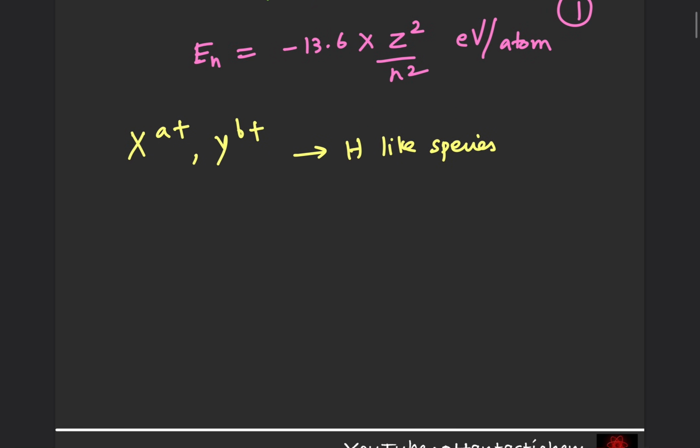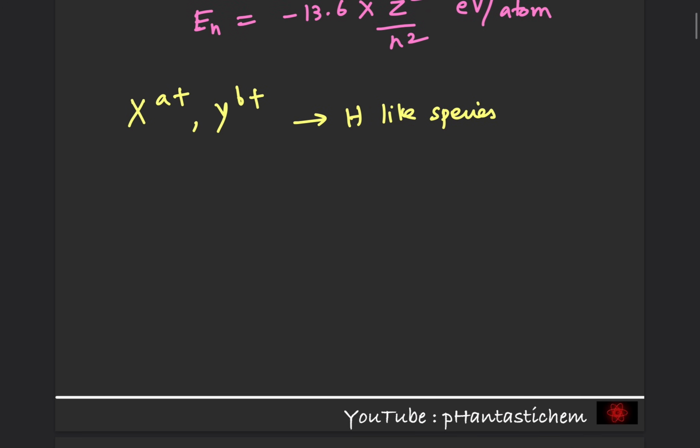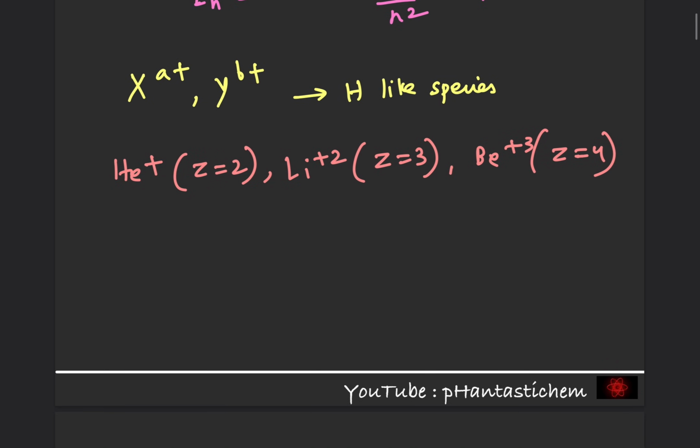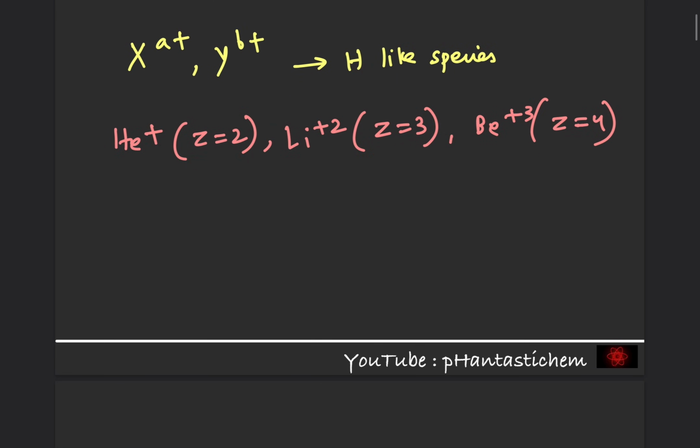If we look at such H-like species carefully, for example, He plus, whose atomic number is 2, Li plus 2, whose atomic number is 3, beryllium plus 3, whose atomic number is 4. The atomic number of them, that is 2, 3, and 4, is one more than the charge they contain. That is, for them, I can write Z is equal to charge plus 1.